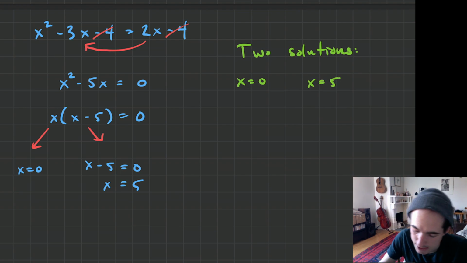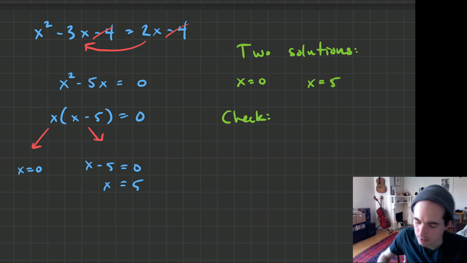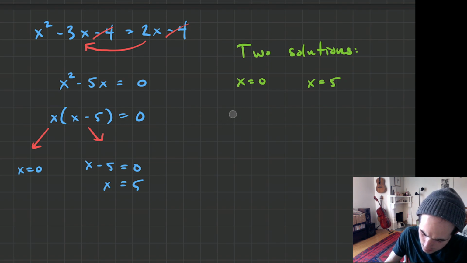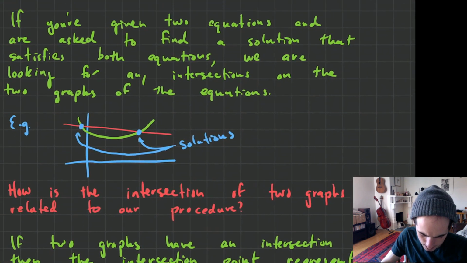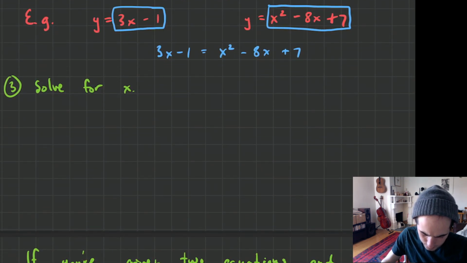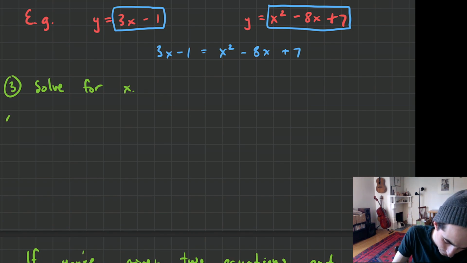Now, let's check our solutions here. If x is equal to 0, oh, and also we're actually not done here. So I suppose there is a fourth part of our procedure. So why don't we just scroll back here, and I'm going to add in one more part of the procedure, and then 4.